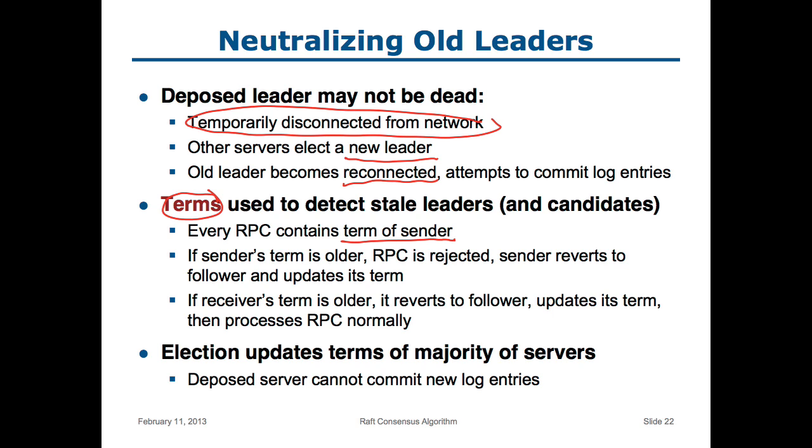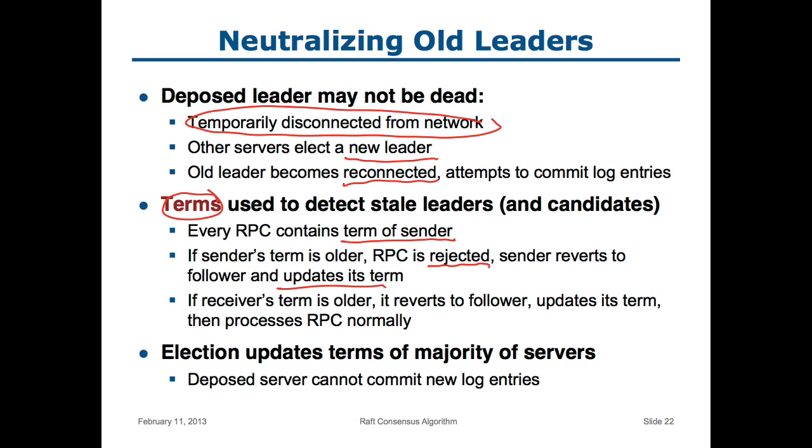When this happens, the receiver immediately rejects the remote procedure call, does not execute it, and sends a response back to the sender that includes the receiver's term. The sender sees that, realizes that its term is out of date, and so then it steps down. That is, it becomes a follower again, and at the same time it updates its term. So now it's up to date. It's consistent with the other server.